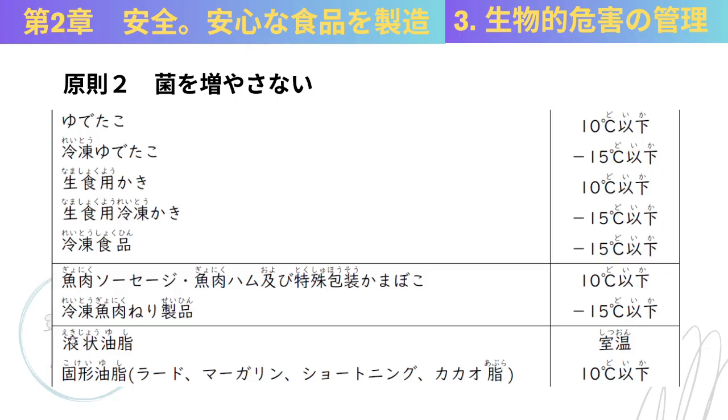So, Eki, yo, you see, it is about oil in the water stage. We can store it at room temperature. But about the koke, you see, about the oil that has been in the frozen state, like zaro, margarine, soto nickel, cacao arabu.